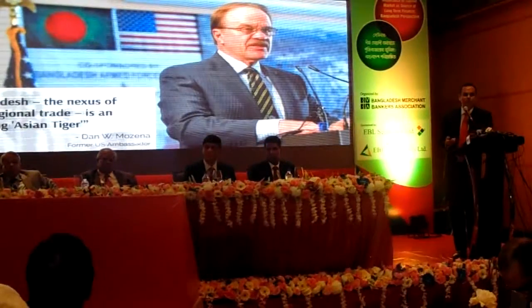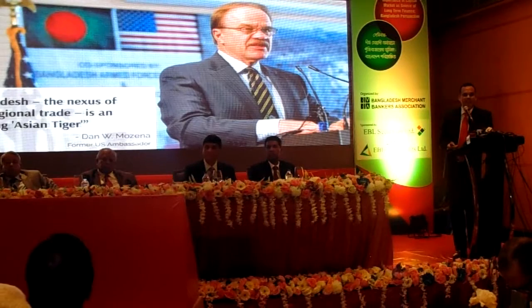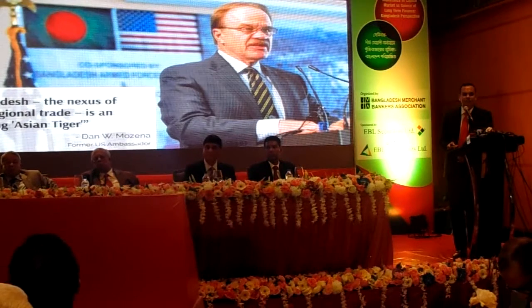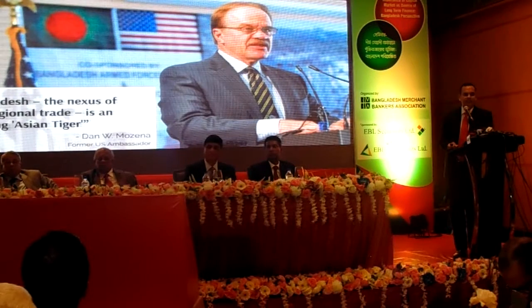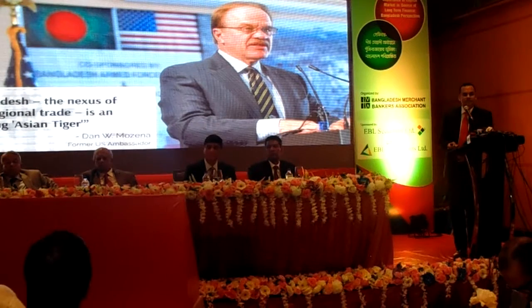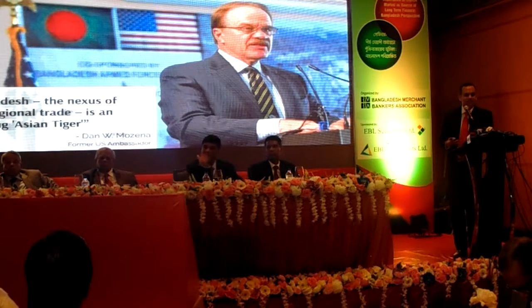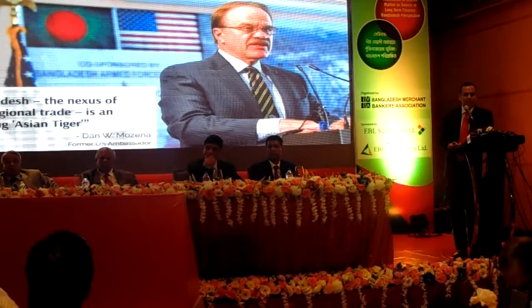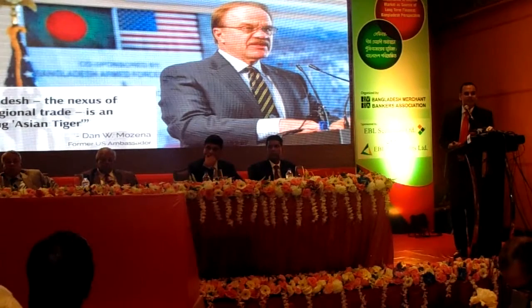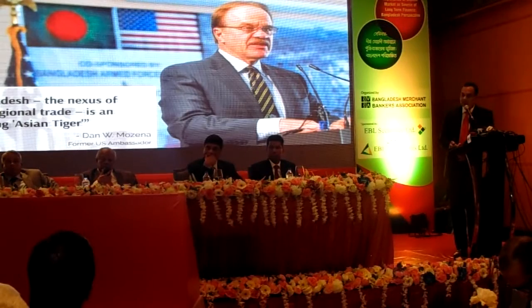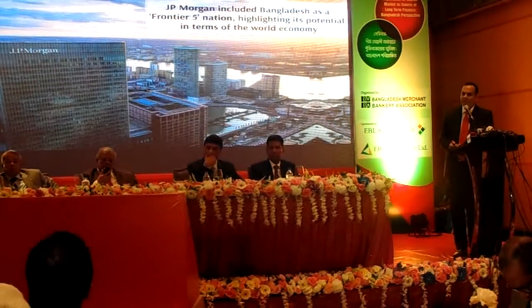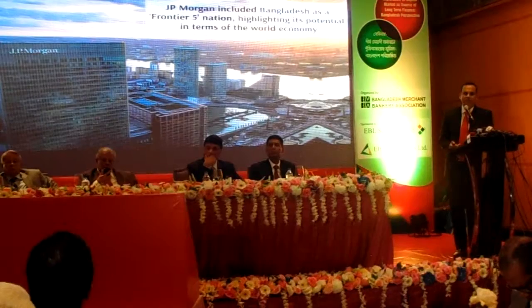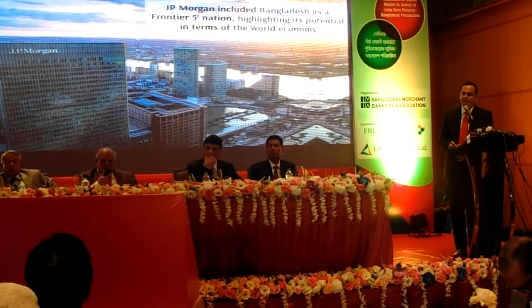First of all, you must know this gentleman, the then US ambassador to our country. He has said that we are the nexus of regional and inter-regional trade, and he has treated us as the Asian tiger. And another merchant bank, JP Morgan, they have included our country among the Frontier 5 countries.